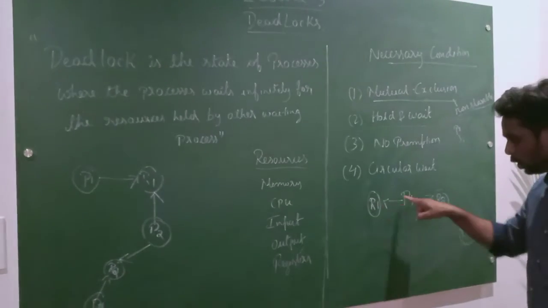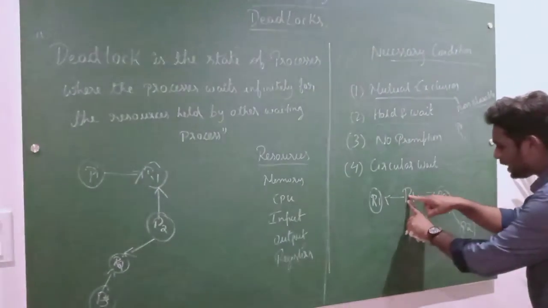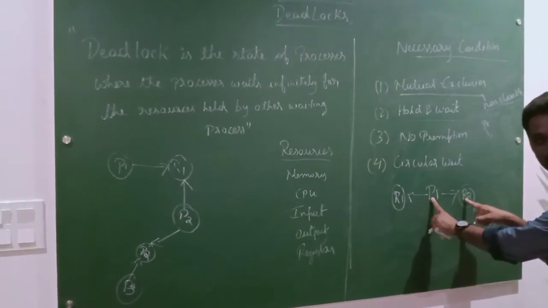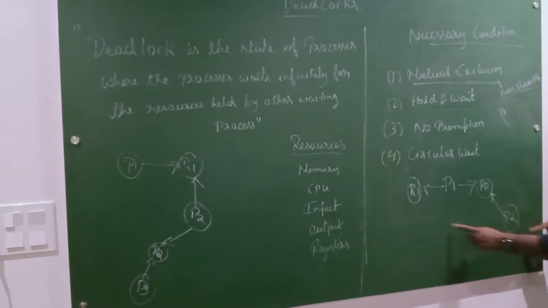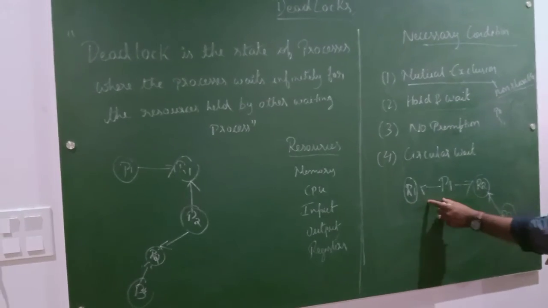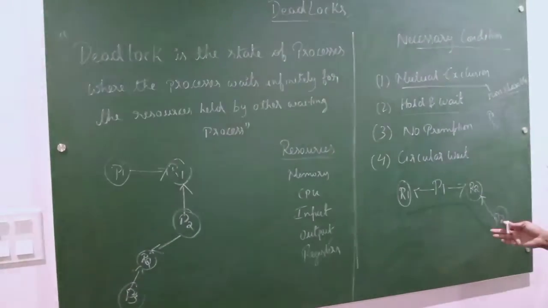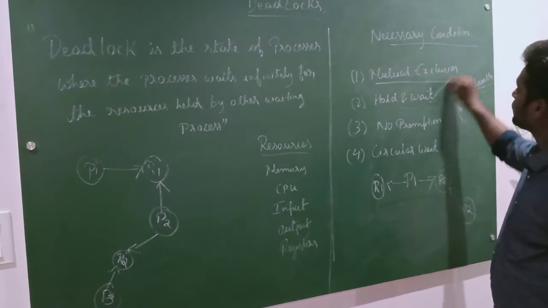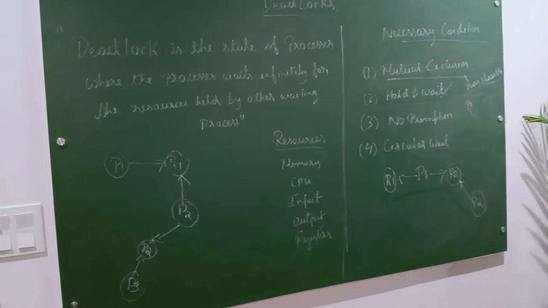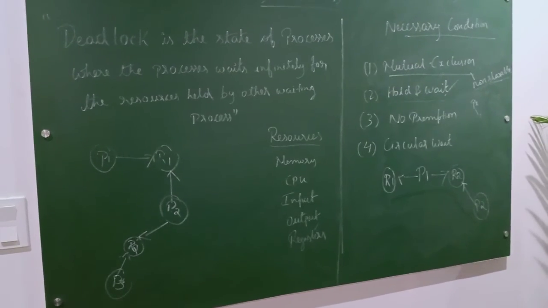P1 already holds one resource and waits for one more, but that is being held by the P2 process. Whenever a process holds one resource and requests one more that is held by another process, deadlock will occur in hold and wait.